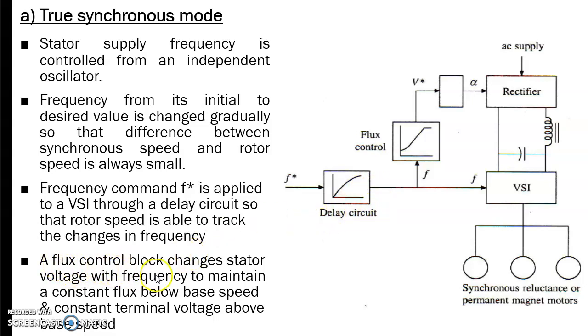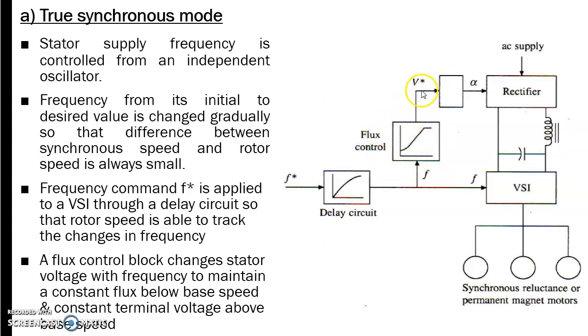A flux control block is used here. The purpose of this flux control block is exactly the same as that of induction motor. That is, we need to maintain the flux as constant. In order to maintain the flux as constant, we should maintain V by F as constant. So this frequency is fixed externally from this oscillator. Depending upon the value of the frequency, we should vary the voltage in order to maintain the flux.